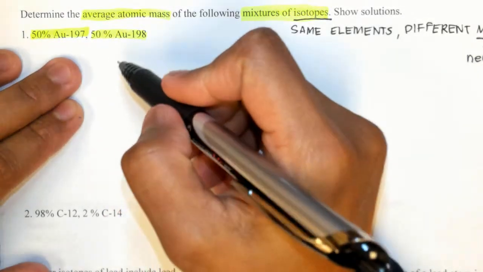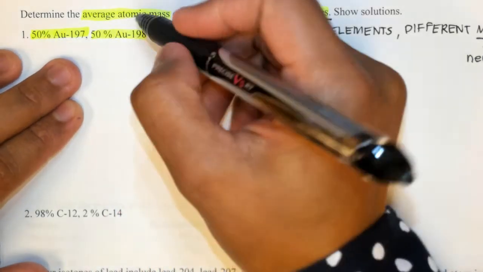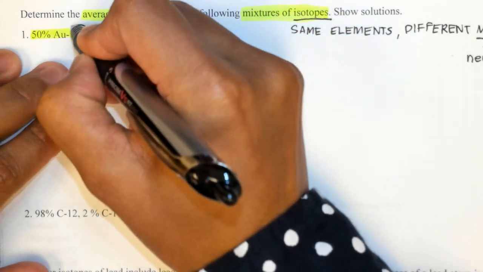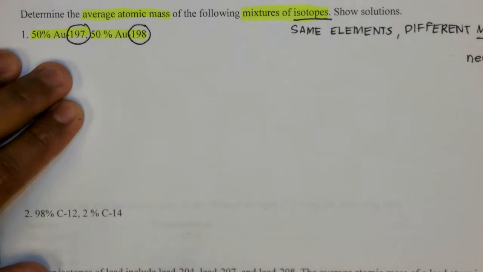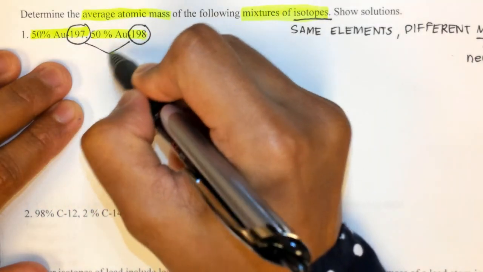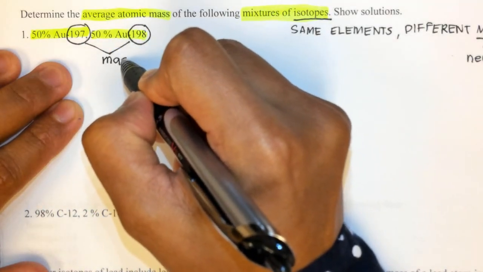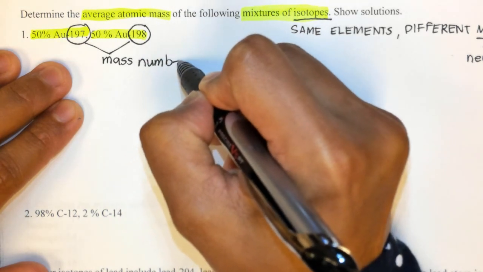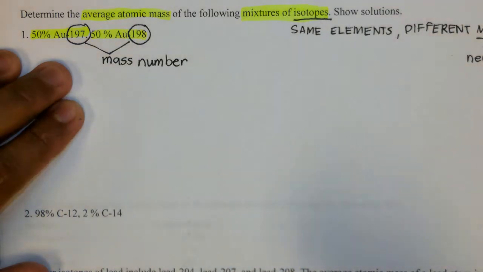okay? Let me label it, and please do the same on your notes so you won't forget. The two numbers that you see after the dash represent the mass number. Okay? So I'm labeling it so that when I use these numbers, you will know where they're coming from.